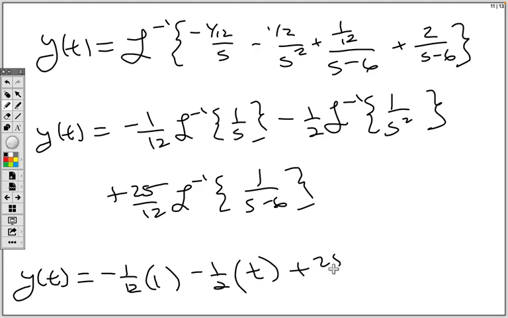And then plus 25/12 inverse Laplace of 1 over s minus 6. It's e to the 6t. And that's it. There's no having to plug in the initial condition to figure out constants because that's already been accounted for.